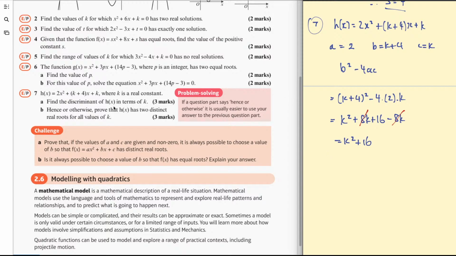And then it says, hence or otherwise prove that h of x has 2 distinct real roots for all values of k. So remember, when there are 2 distinct real roots, the discriminant is greater than 0. So this would be greater than 0.